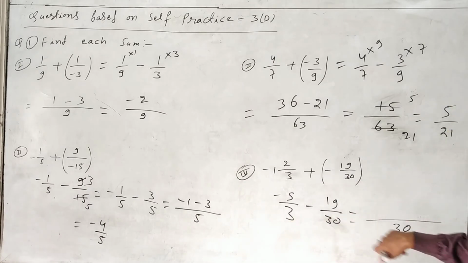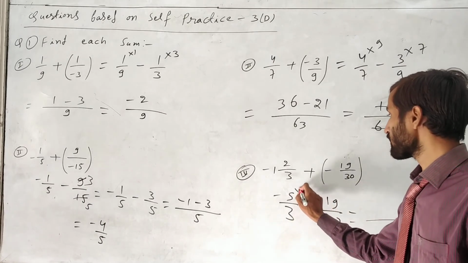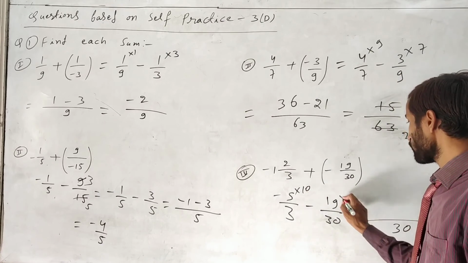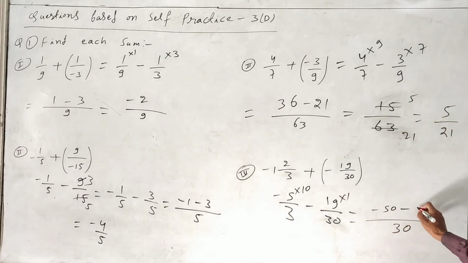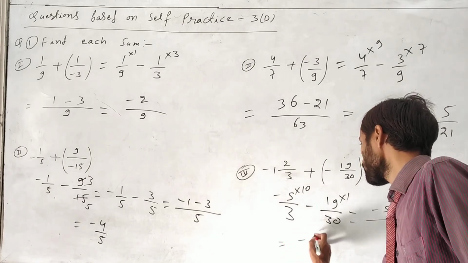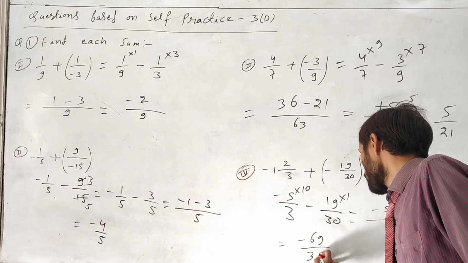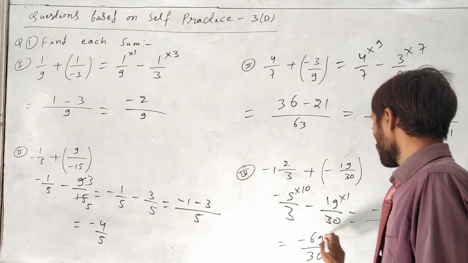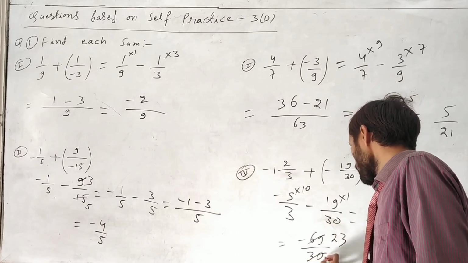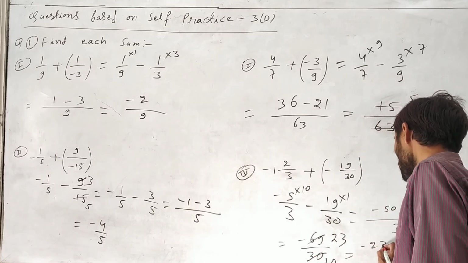In the 3 table, 30 comes 10 times, so multiply by 10 here, and multiply by 1 here. So minus 50 minus 19 will give minus 69 upon 30. Now we can cancel out by the 3 table because both come in the 3 table: 23 threes are 69 and 10 threes are 30, so minus 23 upon 10.